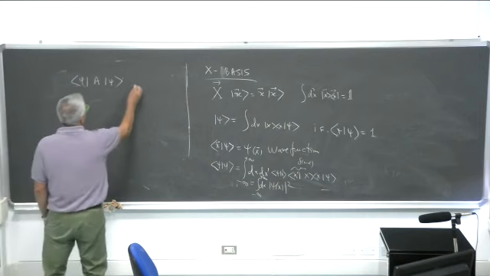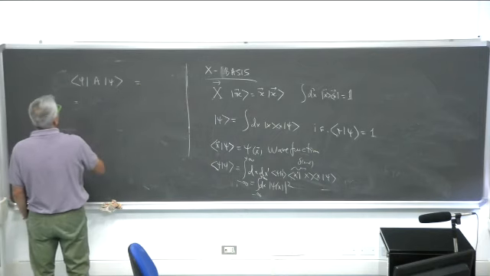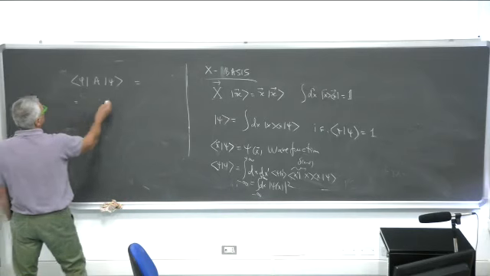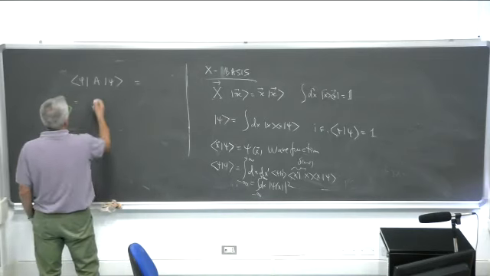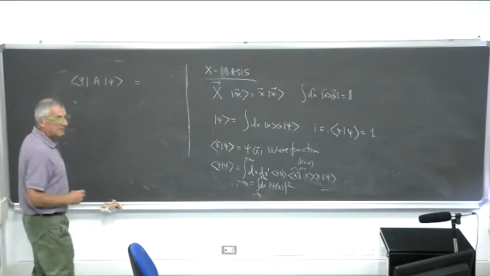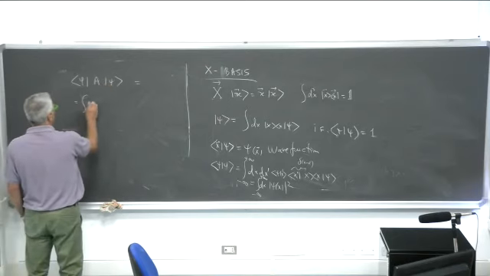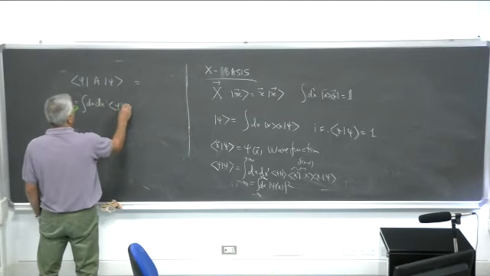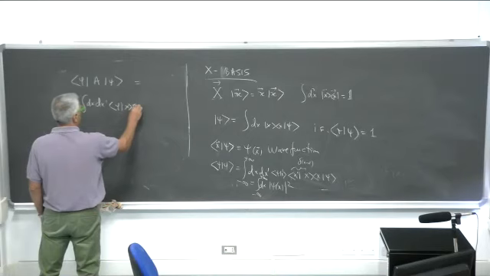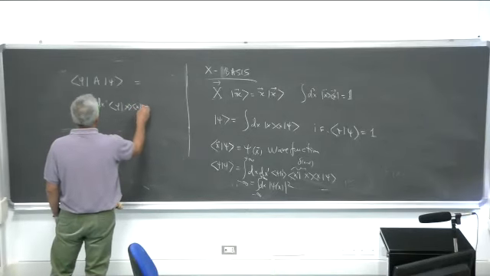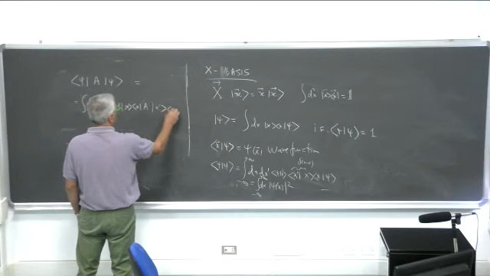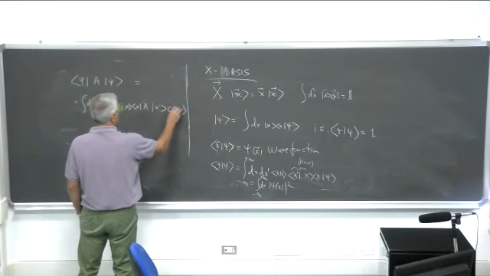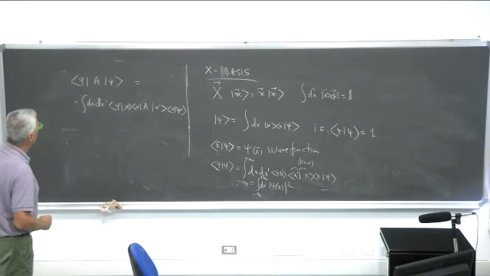What you do is just you insert the identity, right? First of all, there are the matrix elements of A in the X basis. So if you insert the identity both here and here, you have dx, dx prime, here you have phi, x, x, right? Identity here, A, x prime, psi, right? This is what you have.